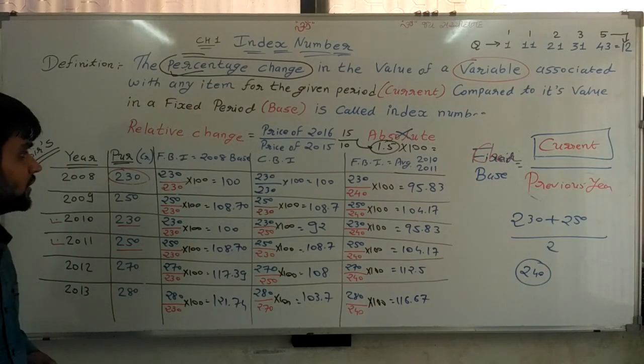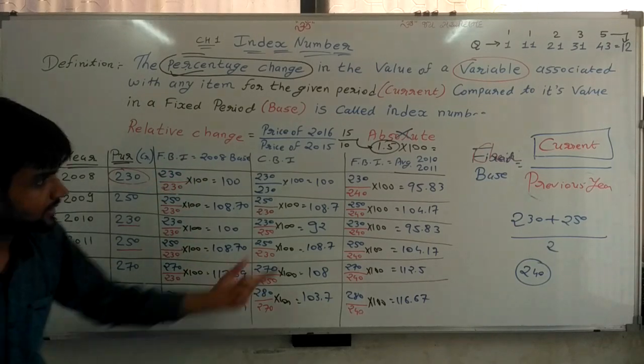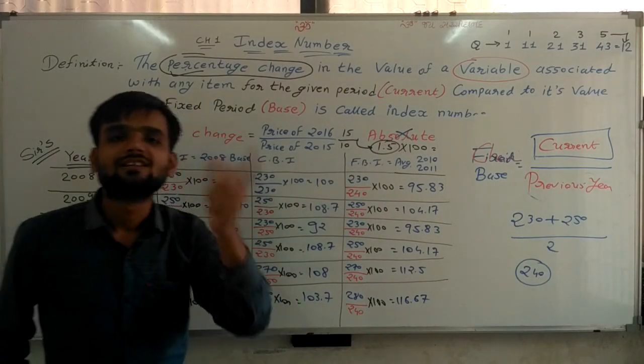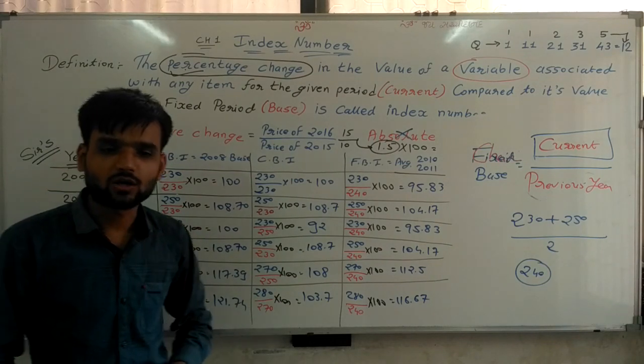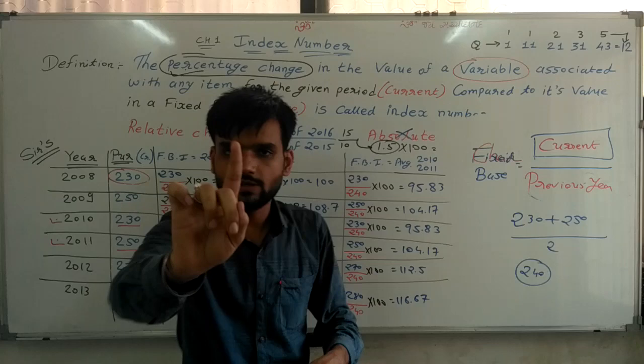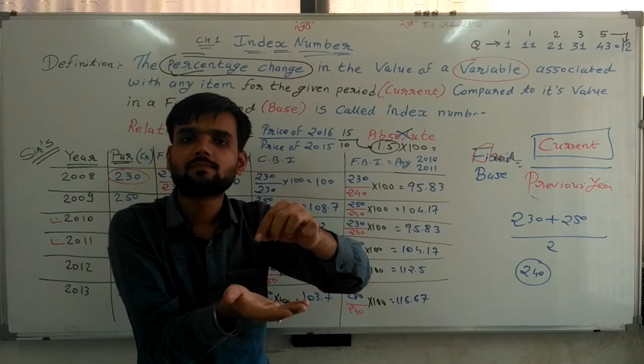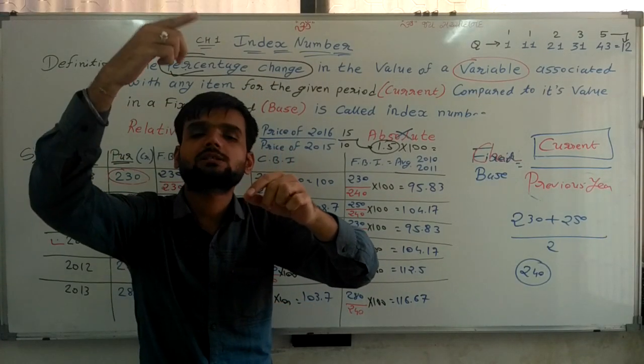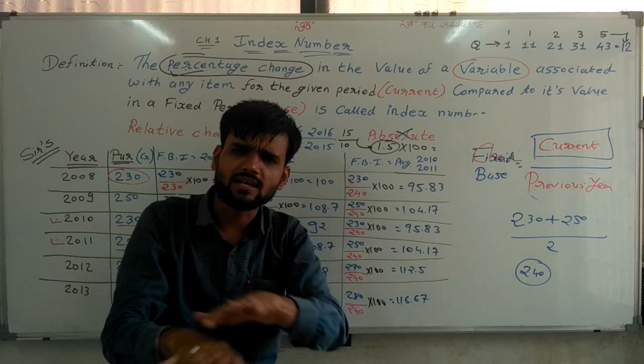So, fixed base index number and chain base index number. What is the change between the two index numbers? In fixed base, base remains same. In chain base, previous year is taken as the base. That's it.